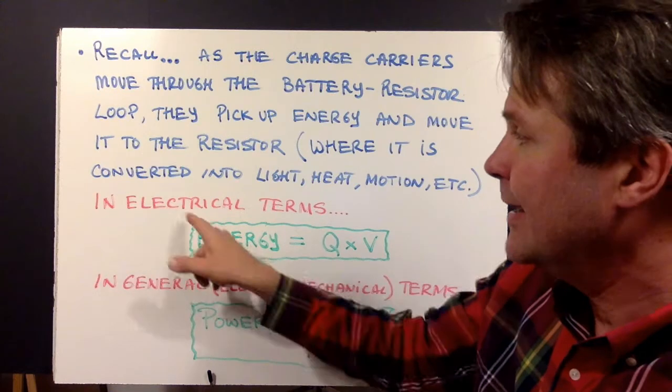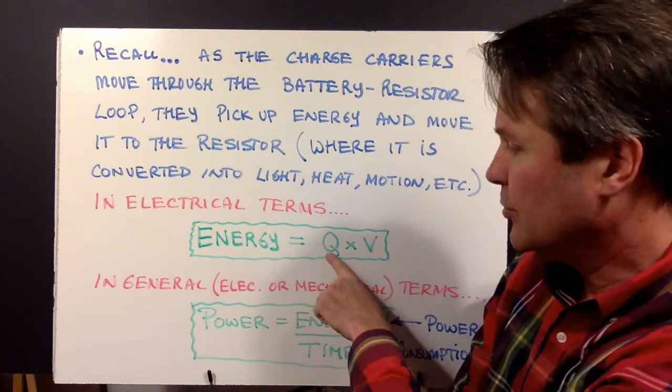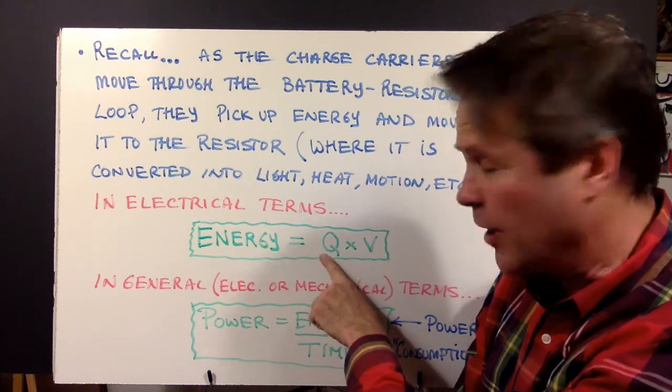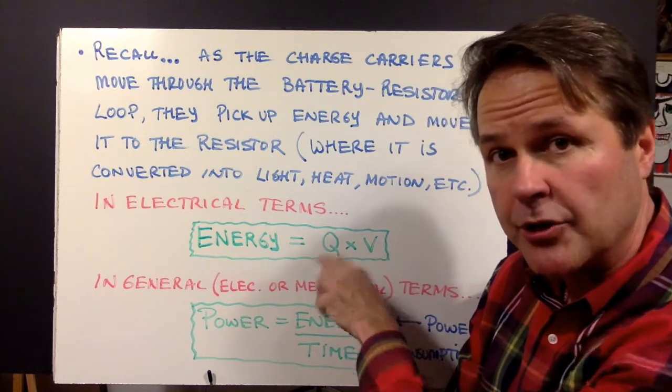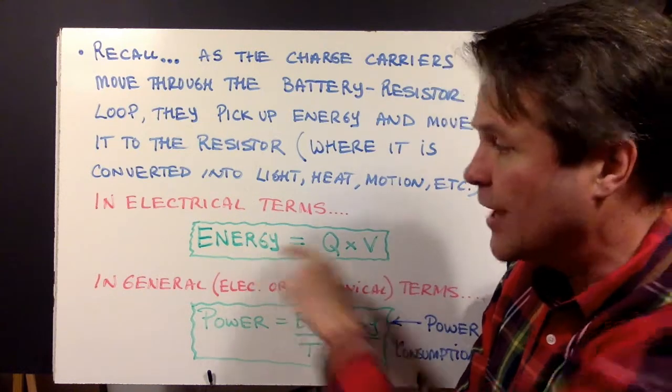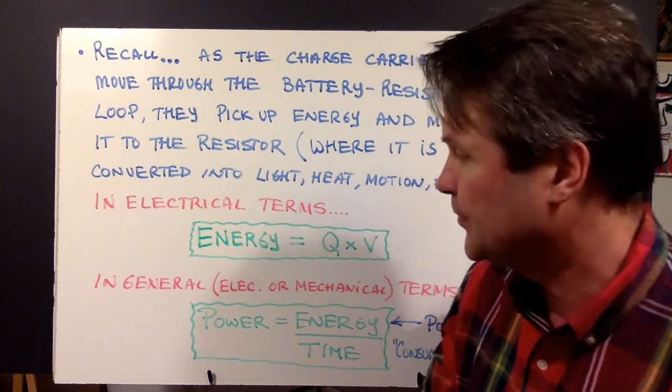Now, in electrical terminology, energy is equal to the product of the charge times the voltage. So whatever the charge that's being carried times the voltage, that's the energy that's being transferred to the resistor.